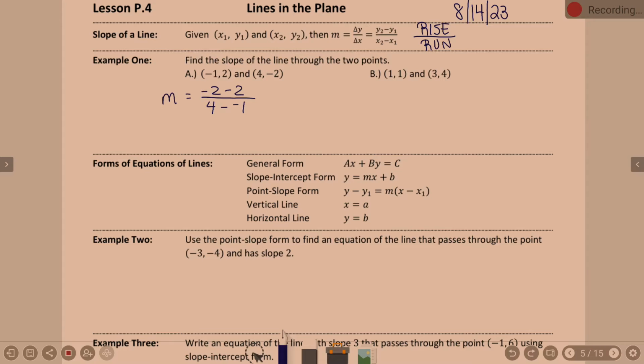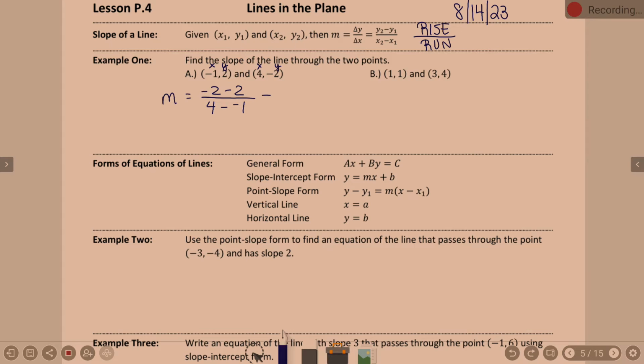You said -2 minus 2 over 4 minus -1. Remember, in an ordered pair, it's xy, xy. So he did y minus y over x minus x, right? Since he picked -2 as his first y and did -2 minus 2, then on bottom he had to start with 4. Correct?